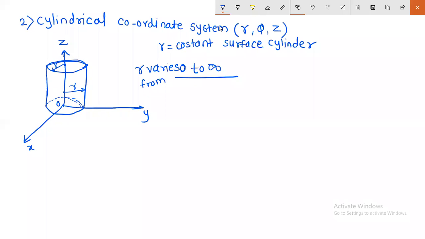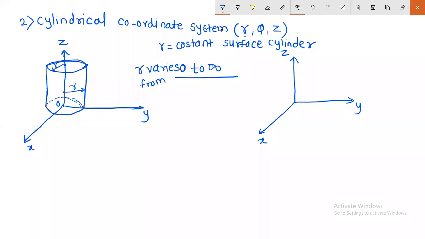Okay, all of you understood this r coordinate, the first coordinate? So this r is the radius of your cylinder. Then the second coordinate is phi. Here again consider a Cartesian coordinate system. So what is actually this phi? X-axis, y-axis and z-axis.